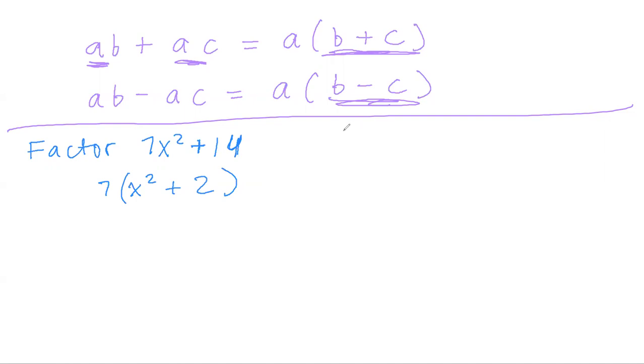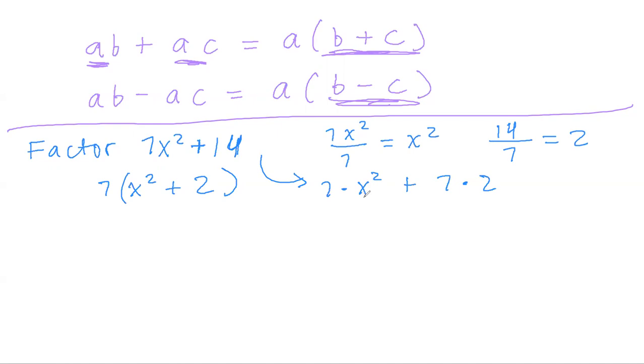There are a few ways you can look at this. You could say 7x squared divided by 7 gives me x squared, and 14 divided by 7 gives me 2. Or maybe you could rewrite this as 7 times x squared plus 7 times 2. Either way, you're thinking about what's left over. After I take out 7, what do I have left?